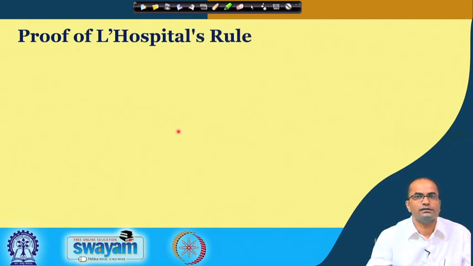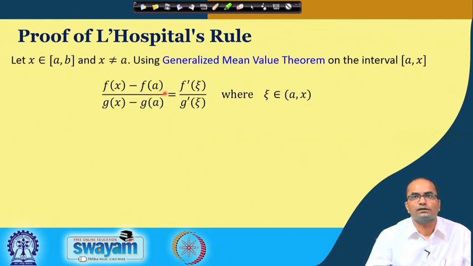The proof is pretty simple if we use the Cauchy mean value theorem, which was summarized today. When we have two functions f and g, then the ratio of f x minus f a and g x minus g a will be f prime xi over g prime xi, and xi lies somewhere between a and x. So, we have taken a point x in the interval, x naturally not equal to a, and then we have applied this generalized mean value theorem in the interval a to x.